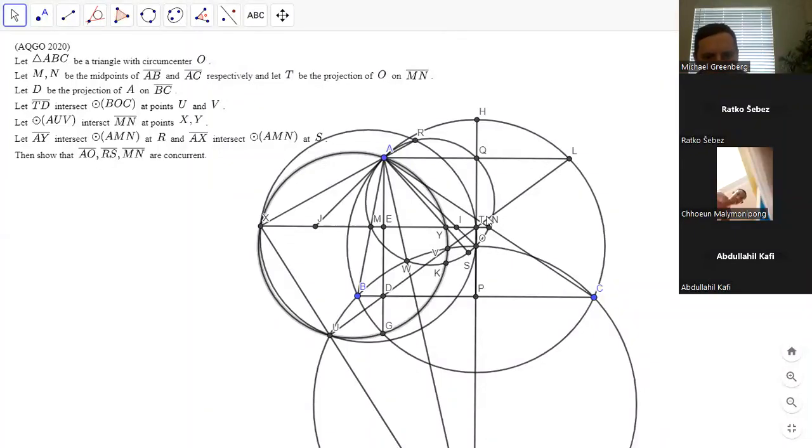So AUVX is cyclic. Yeah, we don't even need that.